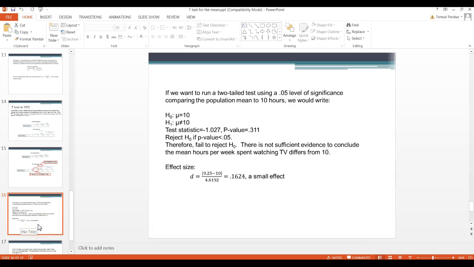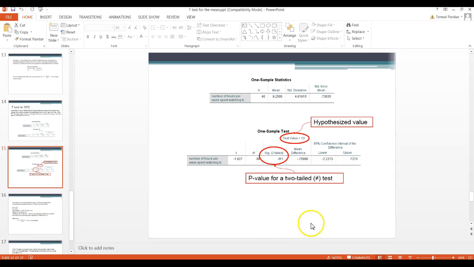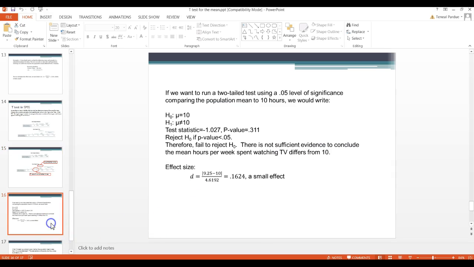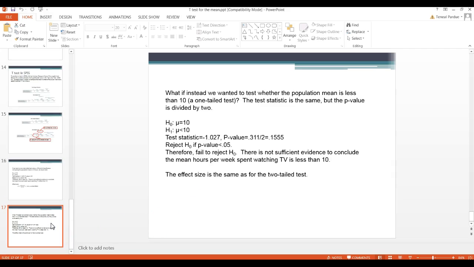If the hypothesis test you want to run is one-tailed, then the only difference is you take the sig two-tailed and divide it by 2. Okay, so if you want to run a one-tailed, you take the two-tailed, divide it by 2. So the only thing different here is our alternative hypothesis is less than.